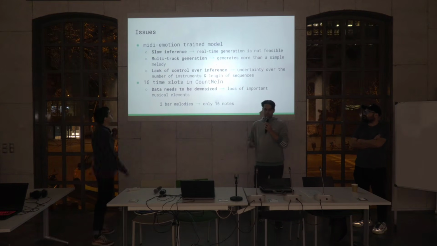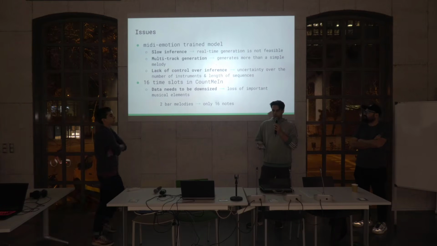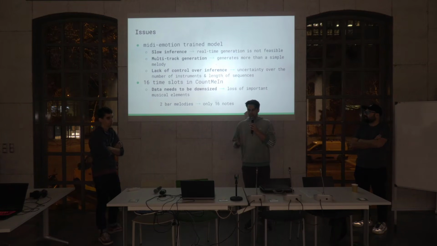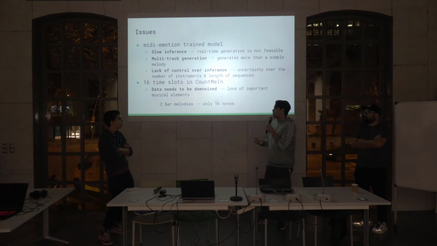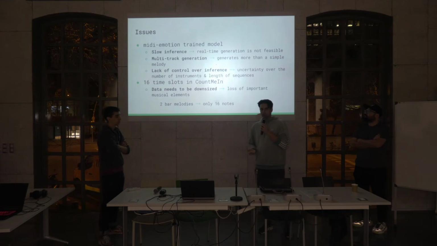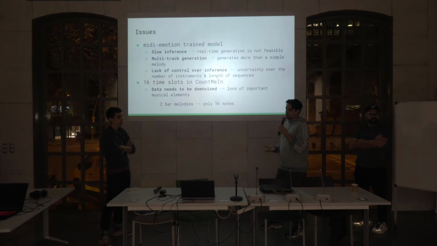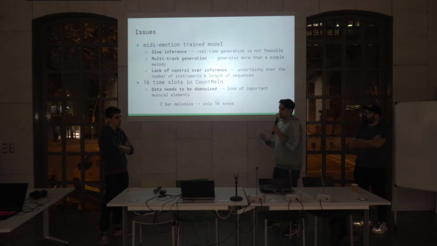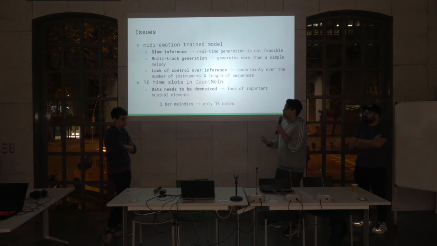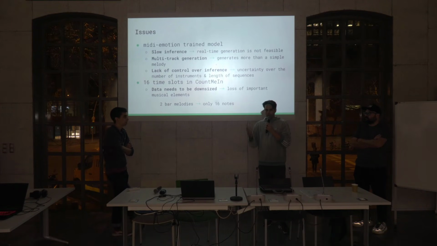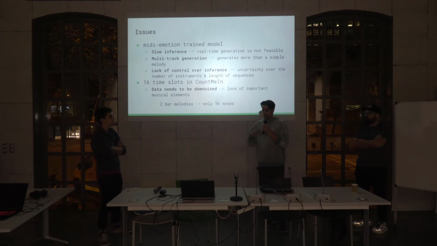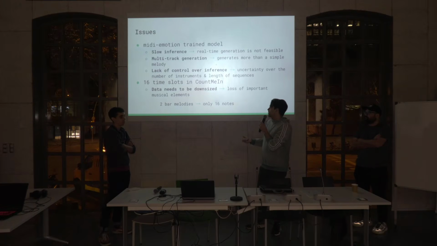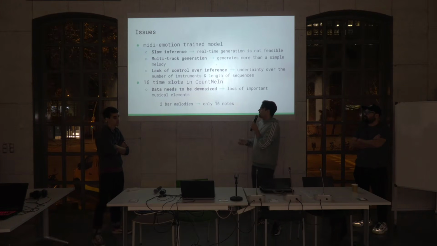So we faced many issues when we tried to implement this idea, and the main issue was that the trained MIDI Emotion model was really slow at inference. So we couldn't do it in real time, which was what we intended. Also the model creates many tracks, like for drums, for violins, so we had to extract a melody from all that data.